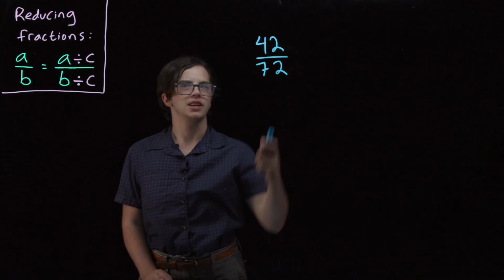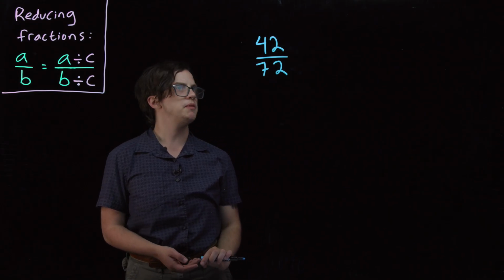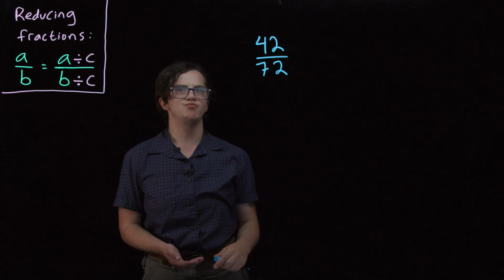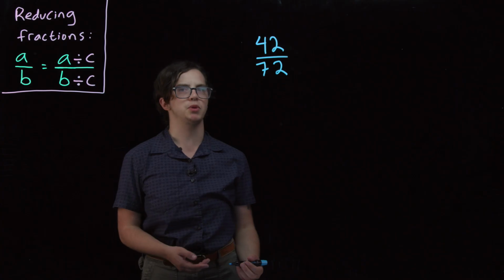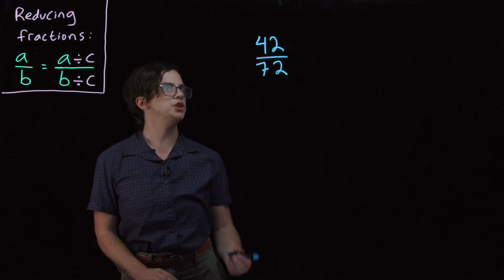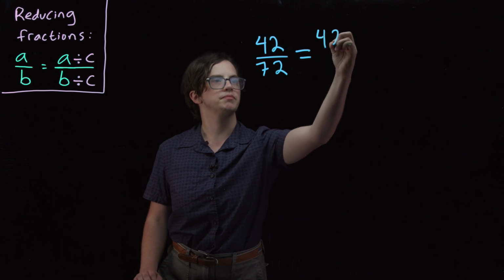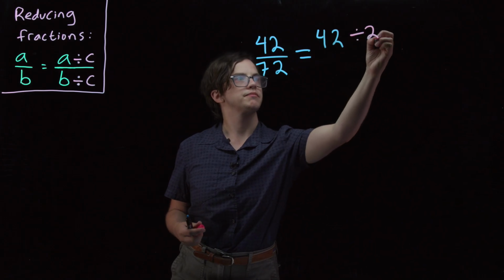42/72. These are pretty big numbers, and I don't know what their largest common factor is off the top of my head. So I'm just gonna try some stuff out. I know that they're both divisible by 2 because they're both even numbers. So I'm gonna see what happens when I divide them both by 2. So in my numerator, I have 42 divided by 2.